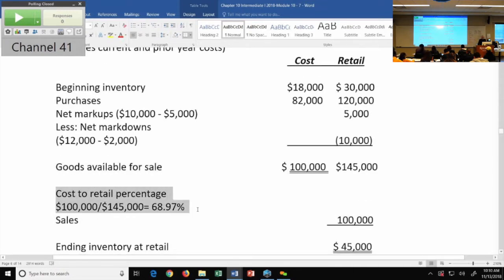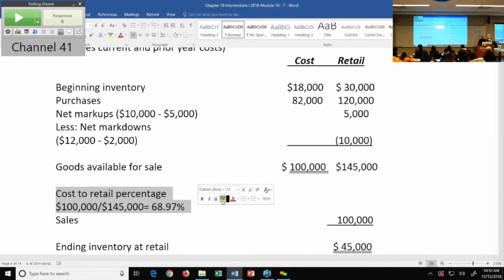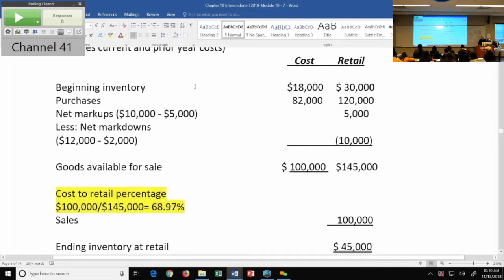The cost to retail ratio in this case is 68.97. It is the ratio of goods available for sale at cost, which you see here, divided by the retail available.